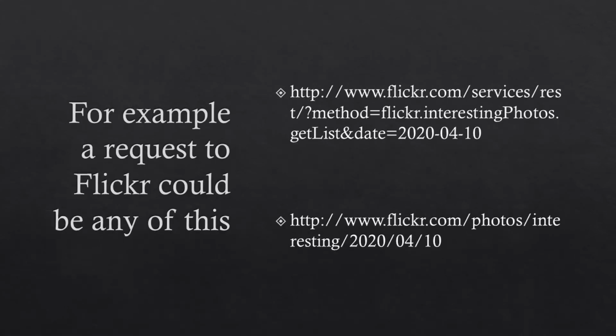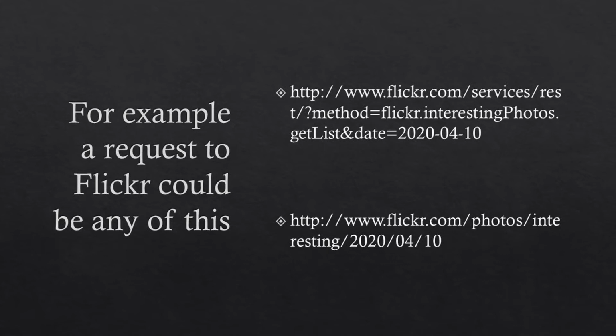To give an example, when a client system wants to submit a request to Flickr, a popular image and video hosting service, to get the list of interesting photos, it could be done in different ways, like the one I am showing on the screen right now, if the service is developed in that style.